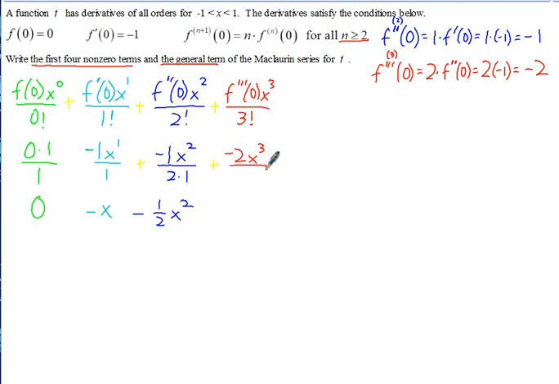X to the third over 3 factorial is 3 times 2 times 1. So the 2's reduce out here, notice. So you have negative 1/3 x cubed. So it looks like we're going to need one more term, aren't we, to get the first 4 non-zero terms, because this first term was 0. We only have the first 3 non-zero terms.